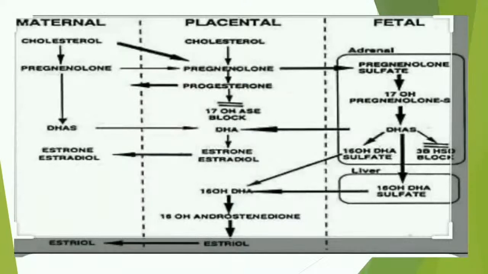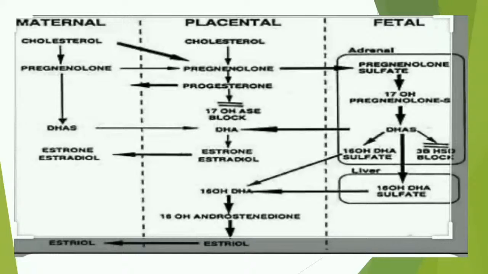So this is a simple version of the same diagram. So just remember this: how cholesterol substrate is provided to the placenta, the machinery or the enzymes present in the placenta which help in the formation of pregnenolone and progesterone, and how progesterone which is formed in the early steps gets shifted to the mother, pregnenolone gets shifted to the fetus, and there due to the presence of enzymes it forms DHEA and hydroxy DHEA.